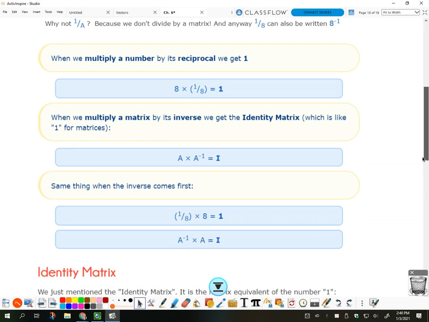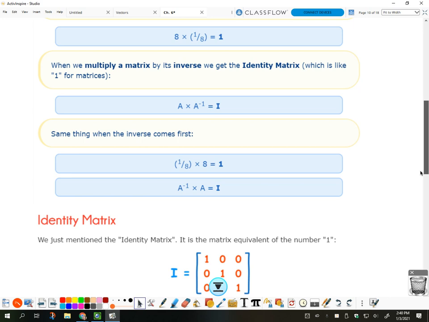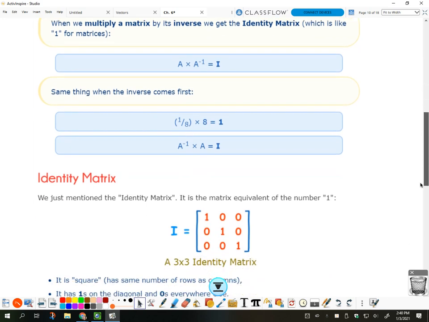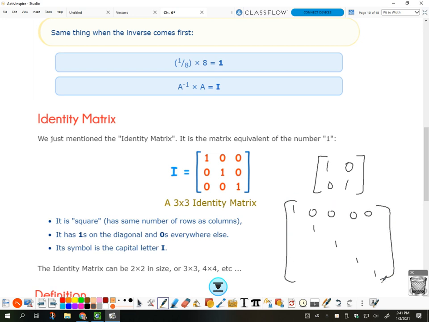When you multiply a matrix by its inverse matrix, you get the identity matrix, which is basically a 1, because the identity matrix is going to look like this. If you have a 2x2 identity matrix, then it's a 1 here, and zeros. If I wanted to get fancy and tell you to do a 5x5, then you would just have 1s along the diagonal and fill in with zeros the rest of the way to make a 5x5.